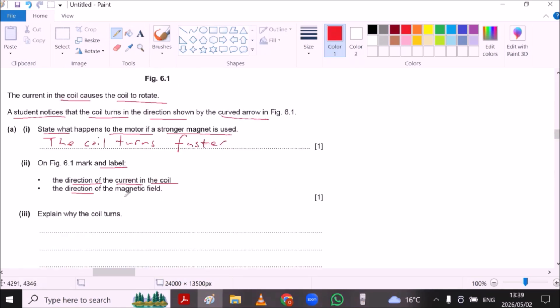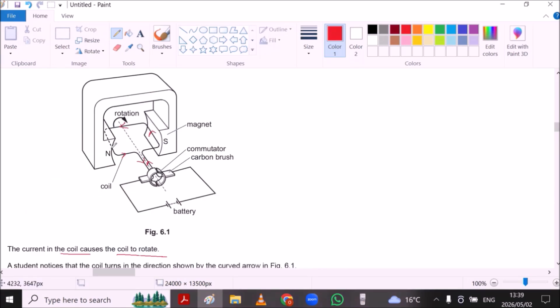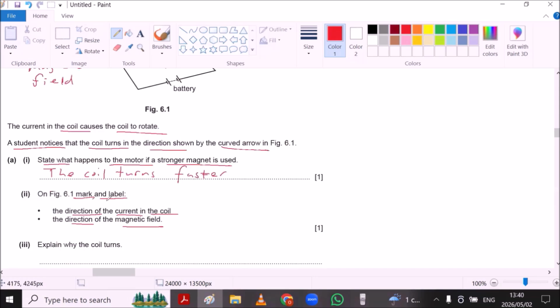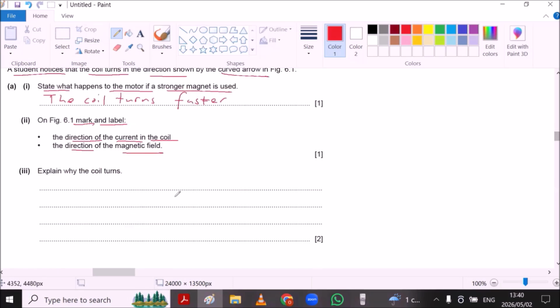The direction of the magnetic field is from north to south. So we can label this current and we can label this magnetic field. So we have marked and labeled the direction of the current in the coil and the direction of the magnetic field.